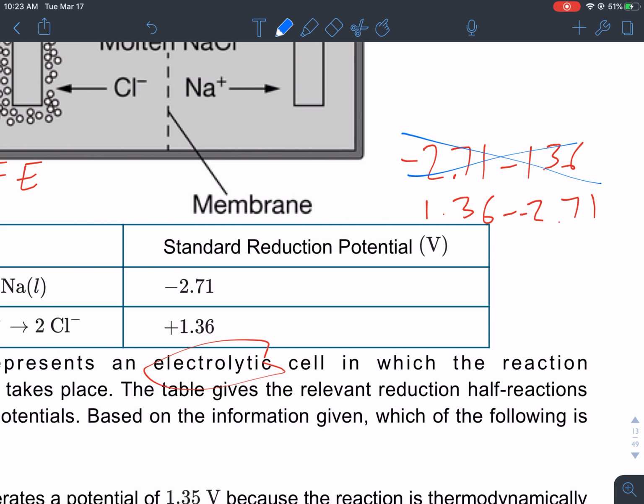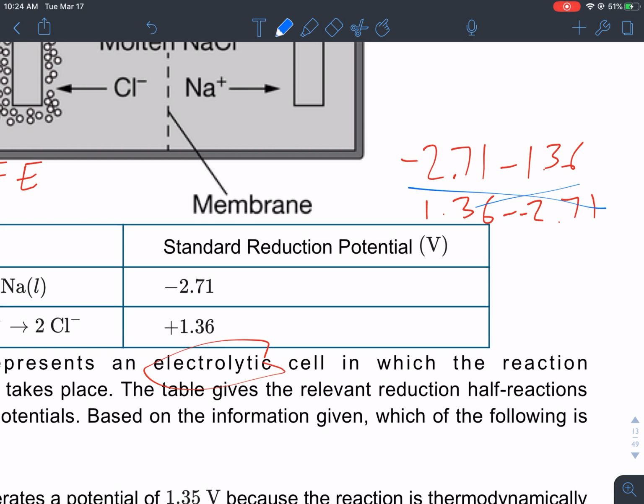Because if that was the case, you'd have a negative minus a positive, right? So if this top one was it, then you'd have a negative E cell. No. Shoot, I just screwed up. Okay. It cannot be this one.